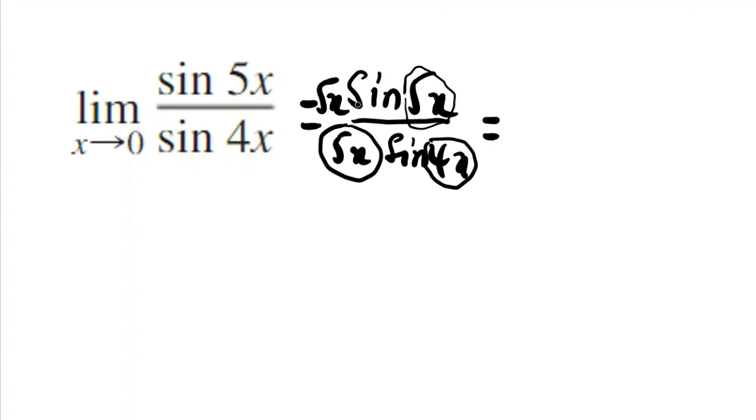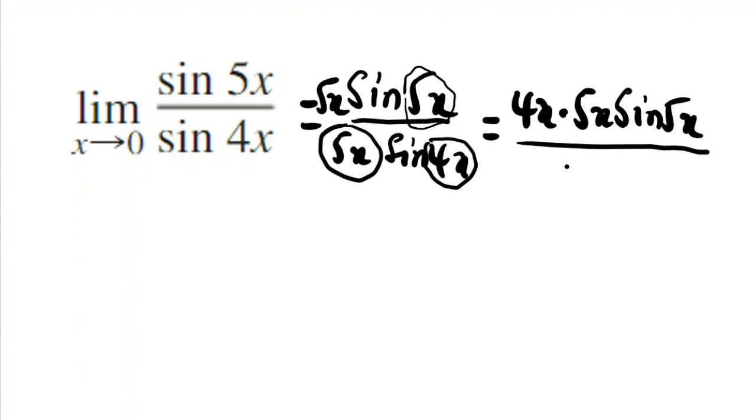To do it, you need to multiply the numerator. So I'll have 4x multiplying the sine 5x over 5x that you have introduced already. Let me write the 4x first, because that's what we are introducing: 4x times 5x multiplying sine 4x.